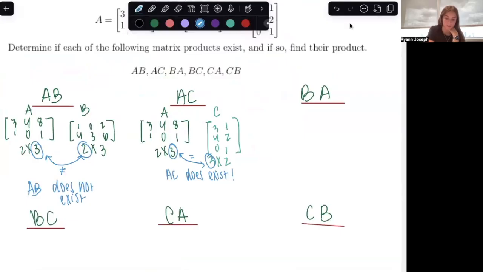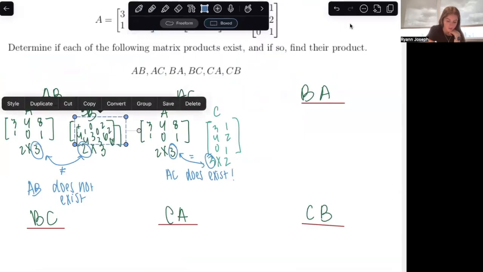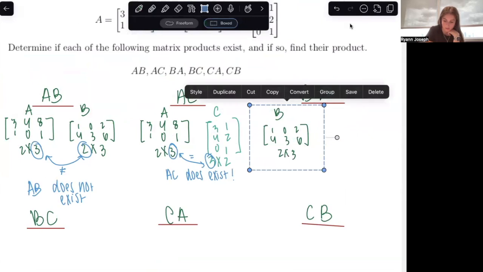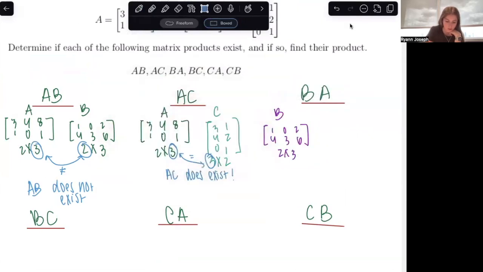BA, let's look at that. So BA, again, I have my B, which is a 2x3. Let me change this color, just so each matrix has its own color.